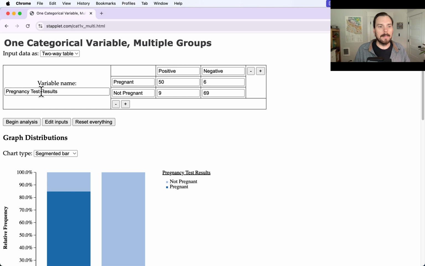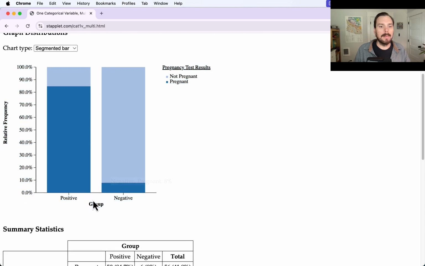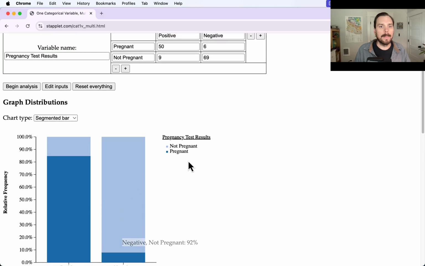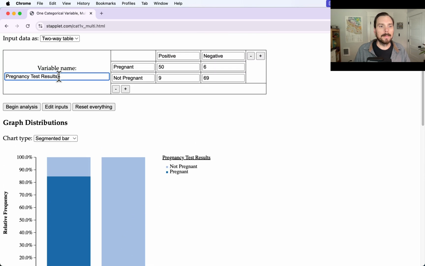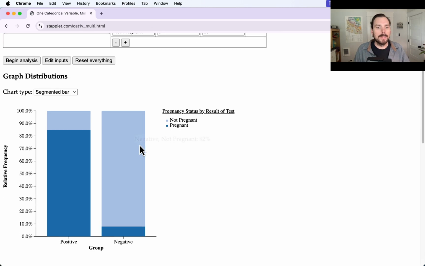And so I could say pregnancy test results actually is a better label of the group, not the results. This would be a pregnancy status by results of test. It's kind of an odd thing to look at a graph of, especially arranged this way.